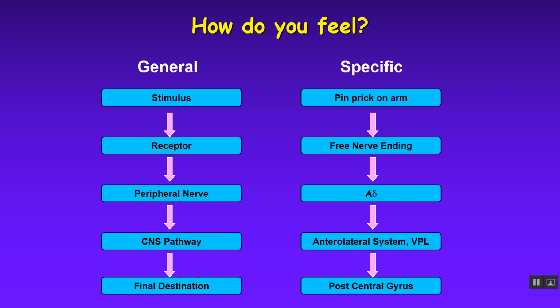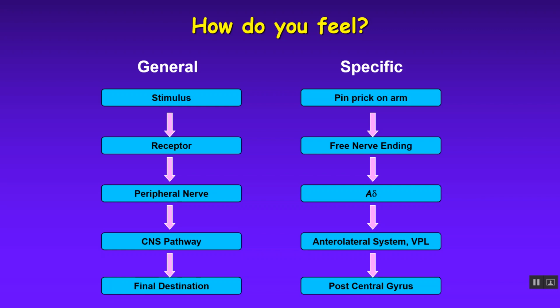That goes up a peripheral nerve out in your peripheral nervous system, in one of your peripheral nerves, up and through your nerve root, okay? Once it goes into your spinal cord, it enters a central nervous system pathway that carries that information to the appropriate location, that final destination. Could be in your brainstem, could be in your cerebrum. Those are the two biggest areas of final destinations for this sensation.